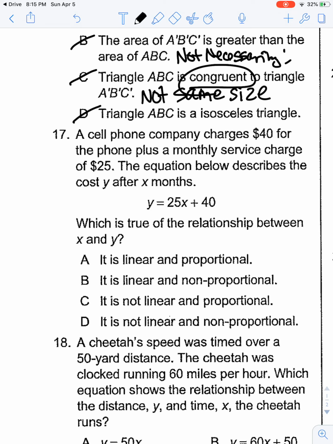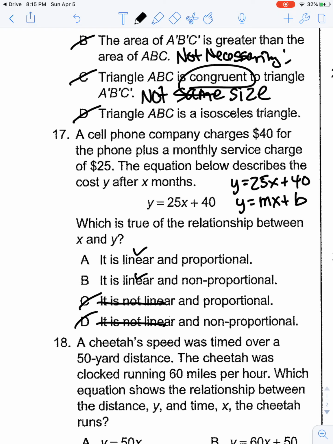Is it proportional? Remember, when we're looking at a linear equation, this is like y equals mx plus b. So it's a linear equation. It follows our rules for a linear equation. So linear, yes. We can cross those off.